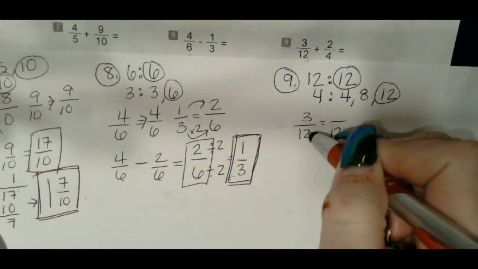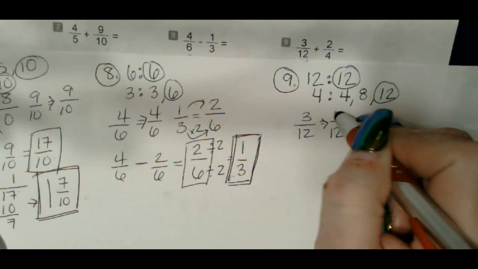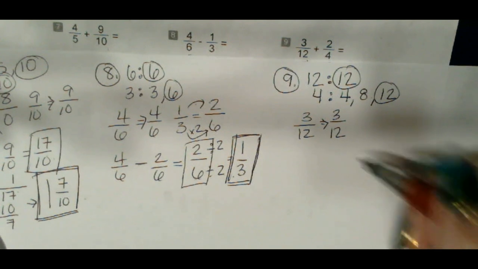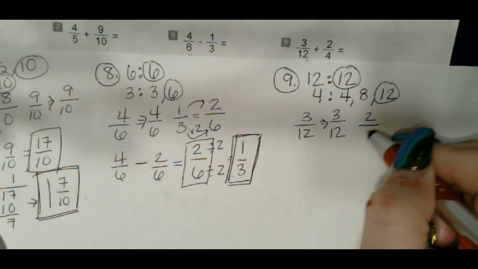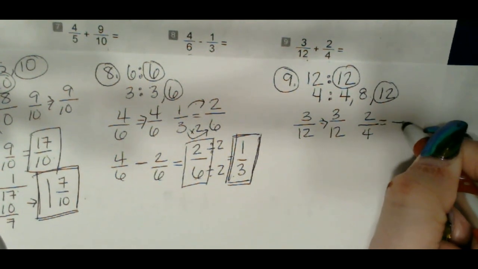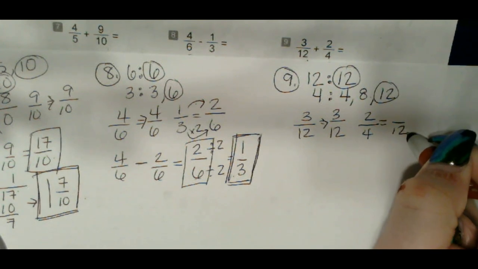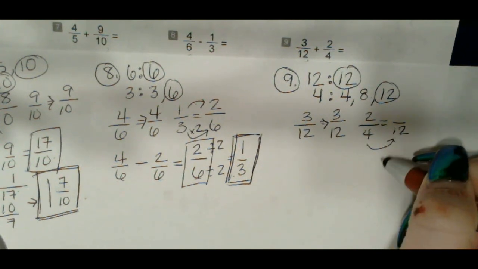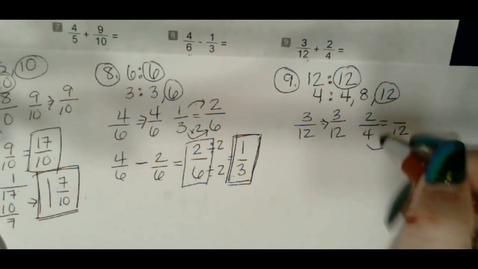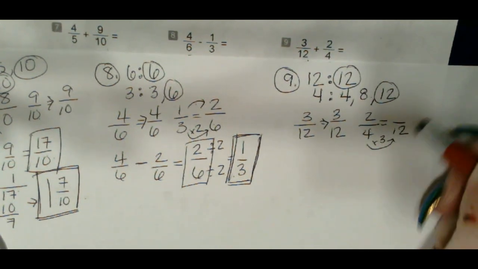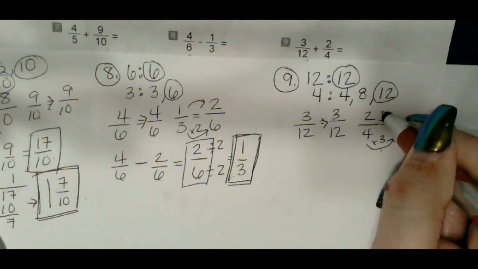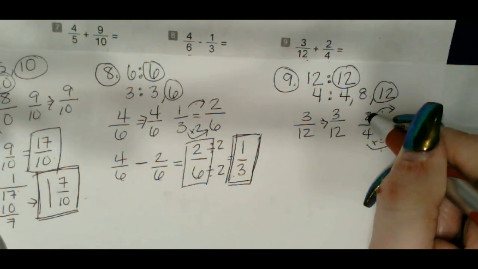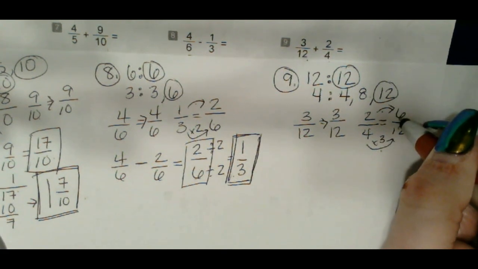Our denominator is already 12, so I don't have to change 3/12. That stays the same. Now 2/4. If I'm trying to get my denominator to be 12, 4 times what gives me 12? 1, 2, 3. So I'm going to multiply by 3. Whatever you do on the bottom, you do on the top. So 2 times 3 is 6.